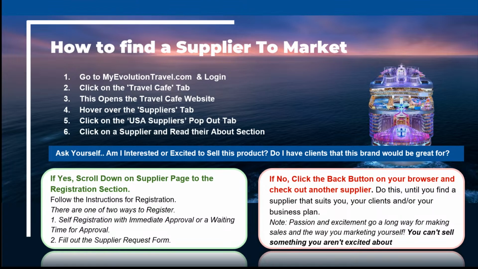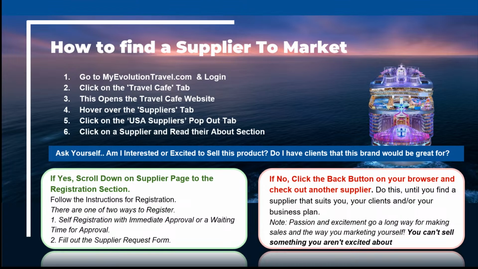That just means Archer Travel is just double checking that you finished your travel agent program, you're an active agent, and you're in good standing. And then if you are, they'll approve you within 2 to 7 business days. And then the second way is if you fill out a supplier request form. That is also another way to get registered for a supplier. So if you're excited about it or you have clients for them, you're going to want to register.